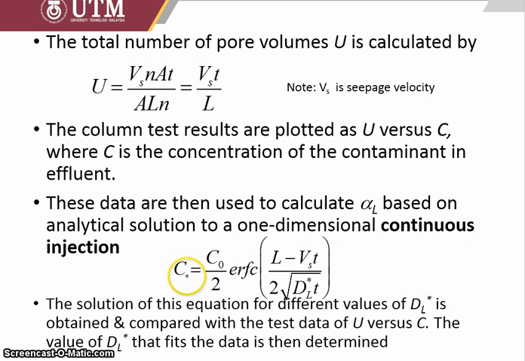The concentration of the contaminants equals the initial concentration divided by 2, times the error function of the length minus the seepage velocity times the time, divided by 2 times the square root of the longitudinal dispersion and diffusion times the time.